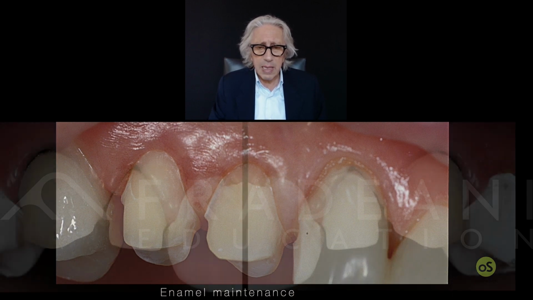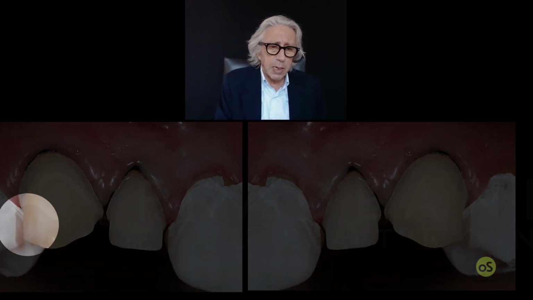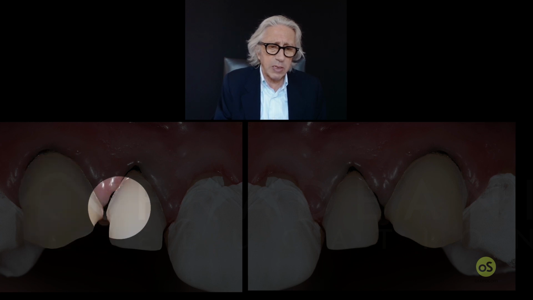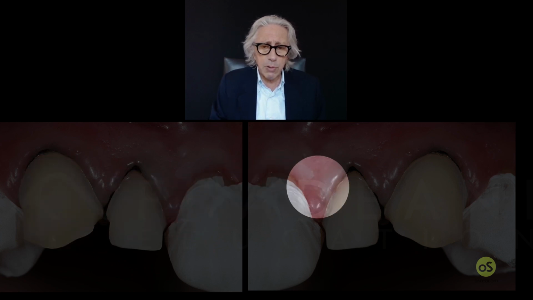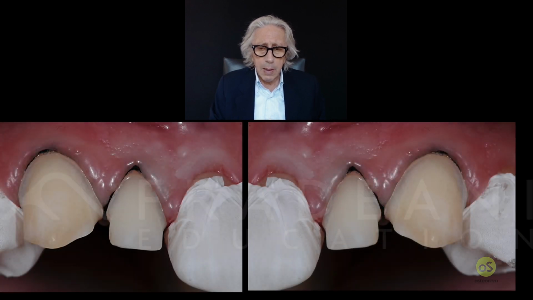So enamel maintenance, that's a case of more than 10 years ago. You see the preparation is not so minimal like you do today, as you have seen in my lecture, but still you have a lot of enamel, and not classic preparation, are still quite conservative. It will be more than 50-60% of enamel for sure.